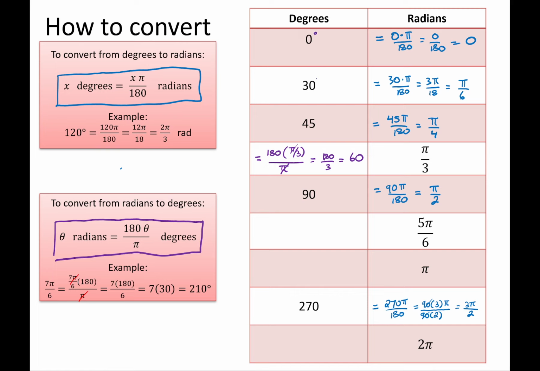I really should put the little degree symbols here. Okay. Next one for the conversion is 5 pi over 6. So that's going to be 180 times 5 pi over 6. Divide by pi. The pi's cancel again.